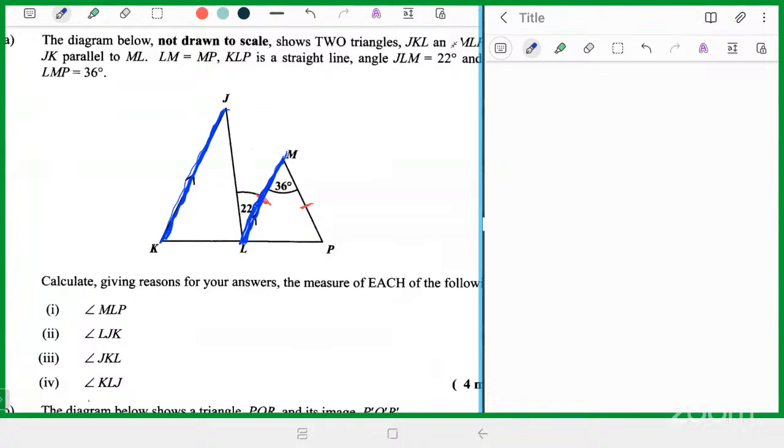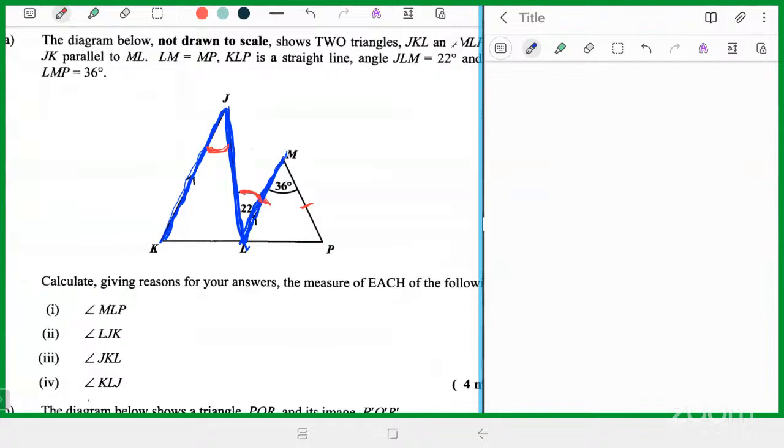So in this case, this is one transversal line, and this is another transversal line. So you have what we call alternate angles or Z angles when you have parallel lines. If you join this transversal line here, you're forming a Z, which is down here, up here, and down here. So the angles in the Z are equal. So these two angles here will be equal. We call them alternate angles. They are equal.